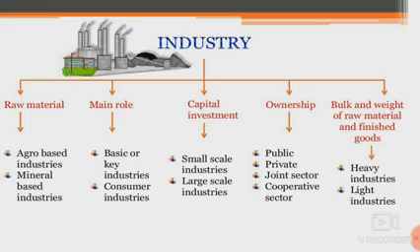According to their role, industries can be divided into basic or key industries and consumer industries. According to capital investment, into small scale industries and large scale industries. On the basis of ownership, into public sector, private sector, joint sector and cooperative sector.